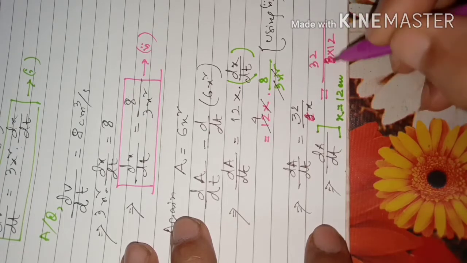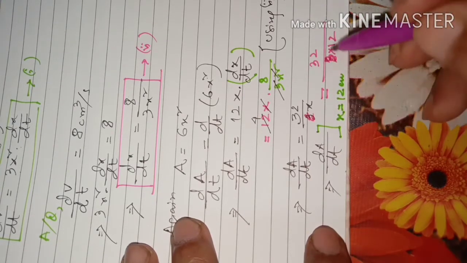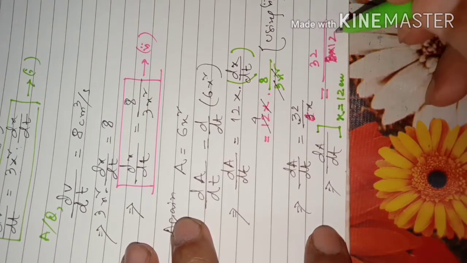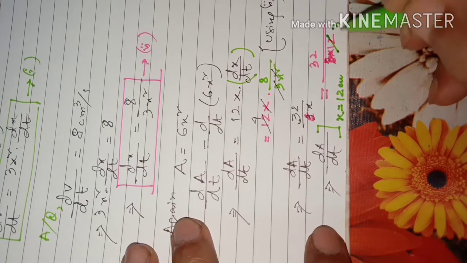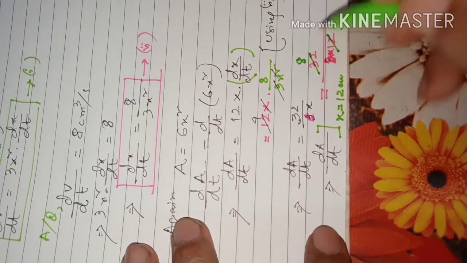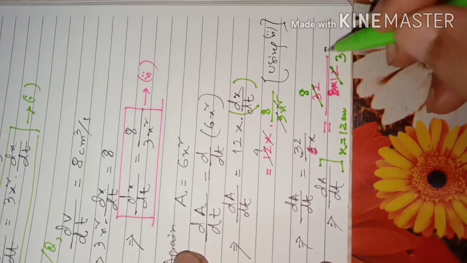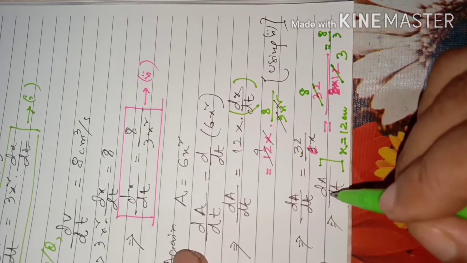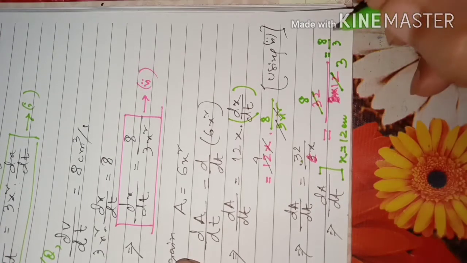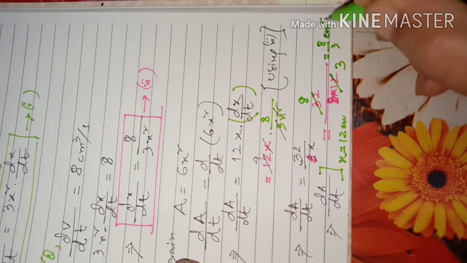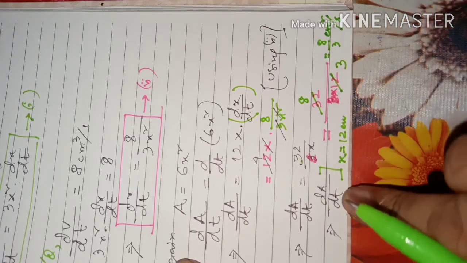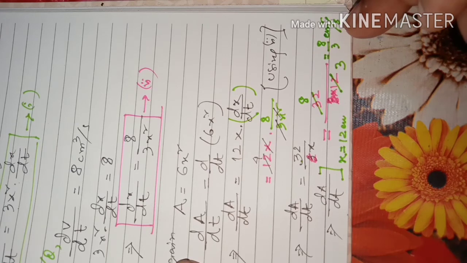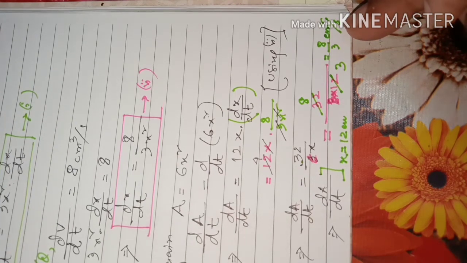So this 3 was not there. Sorry, students. So here it will be 32 by 12 only, because 32 by x. So by 4 you can cancel here: 4 threes are 12, 4 eights are 32. It will be 8 by 3. So the rate of change of area is 8 by 3 centimeter square per second. This is the rate of change of area.